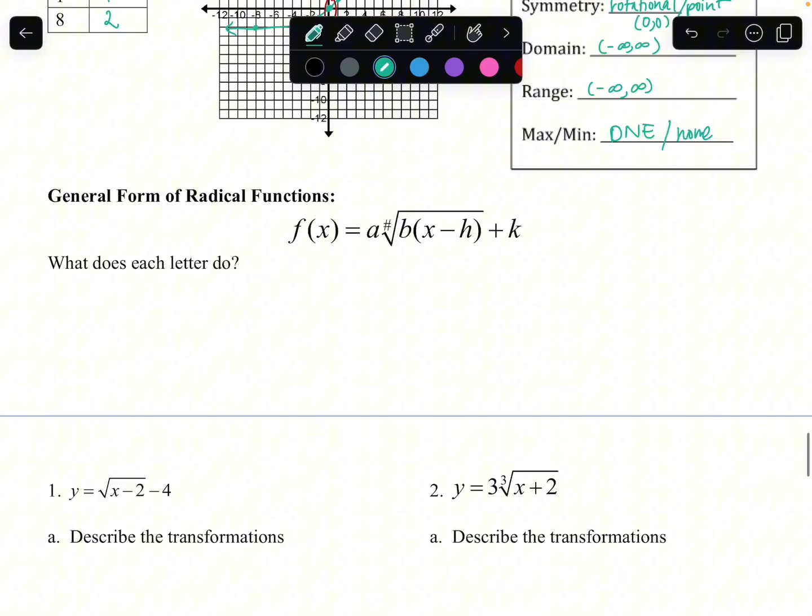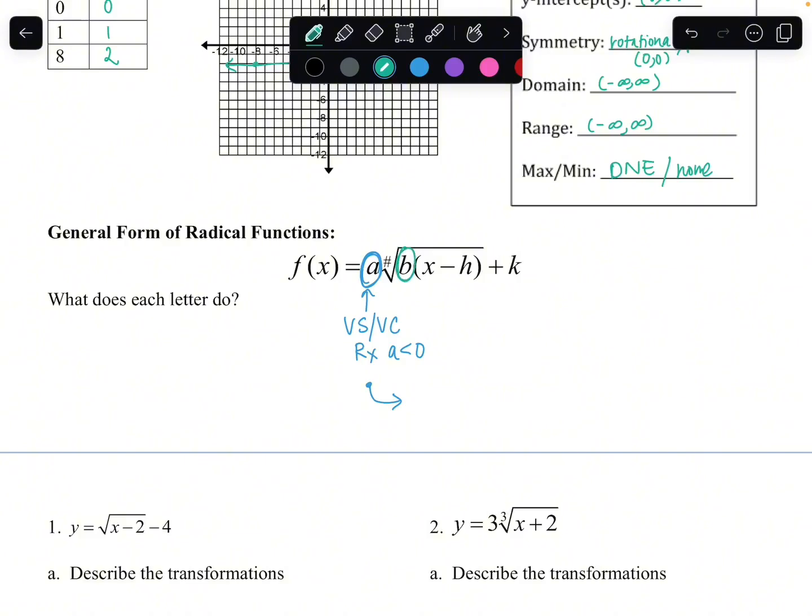And so to graph other square root and cube root equations, we're just going to transform the parent. And so whenever you see a value being multiplied in front, that's called a vertical stretch or a vertical compression. And then it's also a reflection over the x-axis. And so, for example, if a is negative, our square root would be reflected upside down.